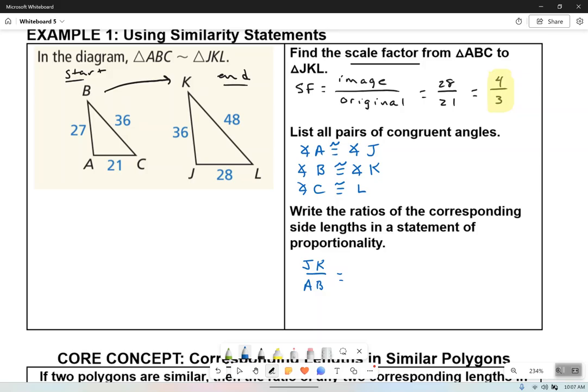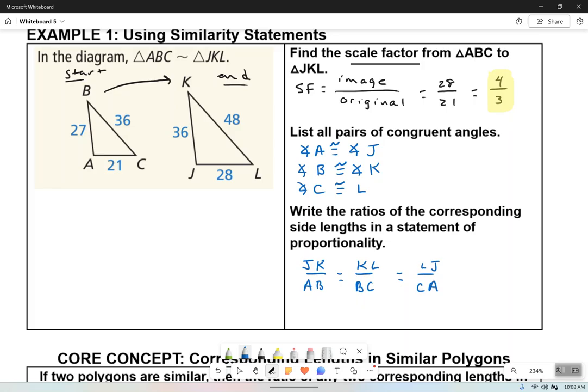So we know that would equal K to L. What's KL correspond to? And then we've got this third side of that big triangle, which would be L back to J. What would LJ have to match up with? Okay.